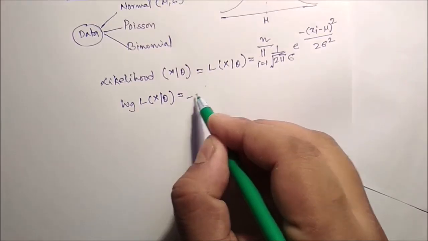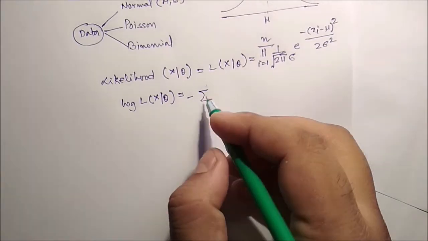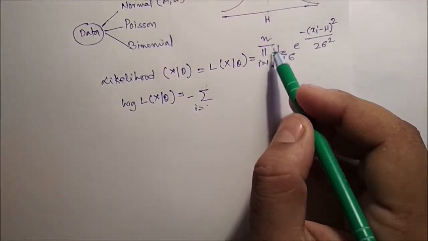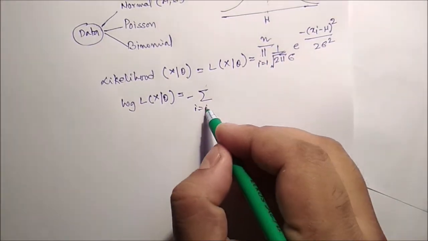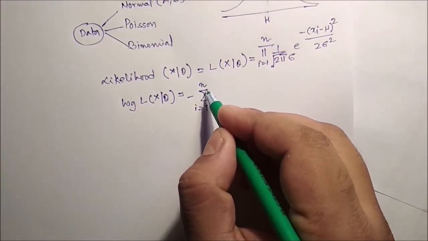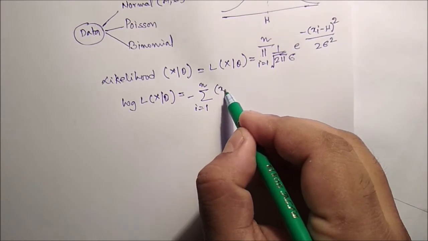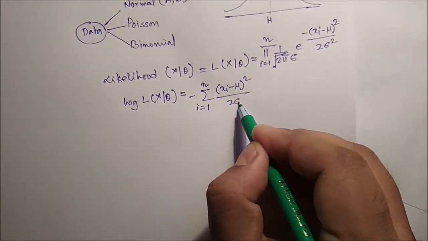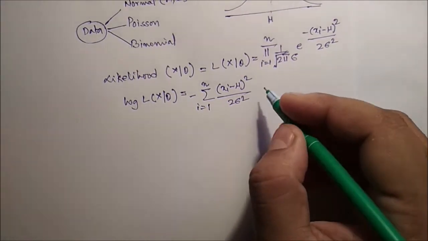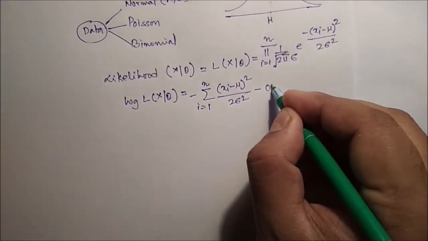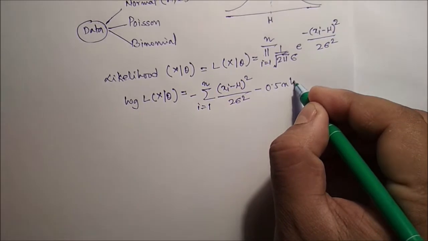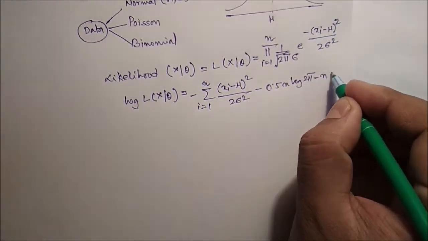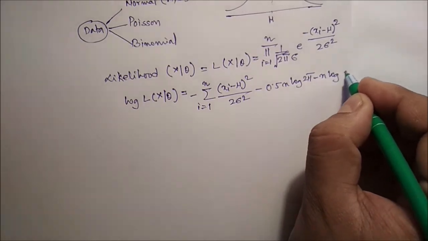Here this is a multiplication, and when we apply log, it becomes a summation from 1 to n, where n is the number of data, of xi minus mu square by 2 sigma square, minus 0.5 n log 2 pi minus n log sigma.